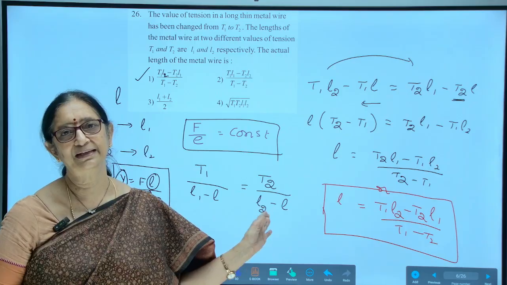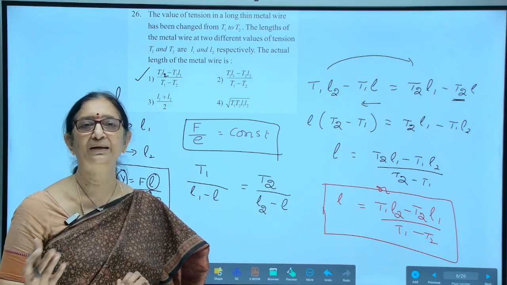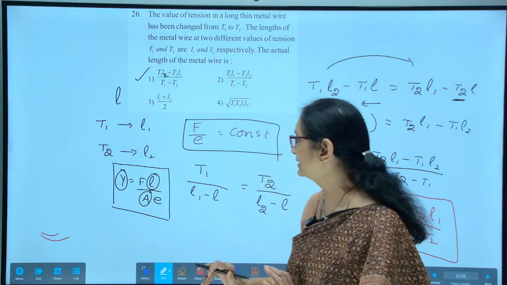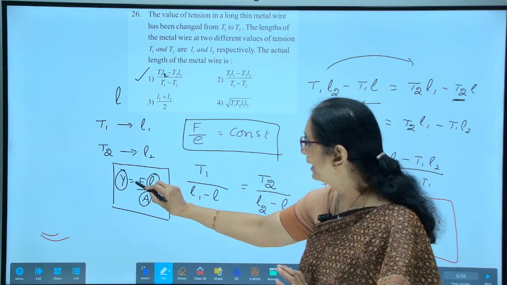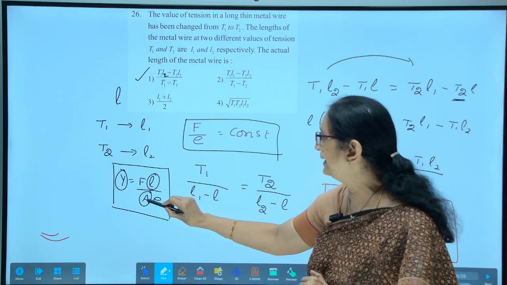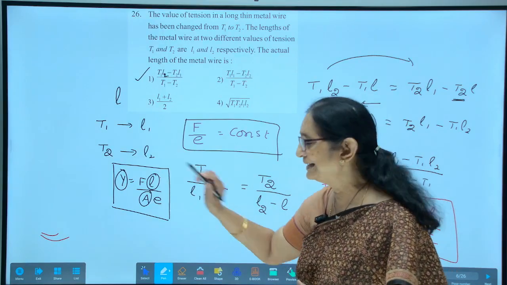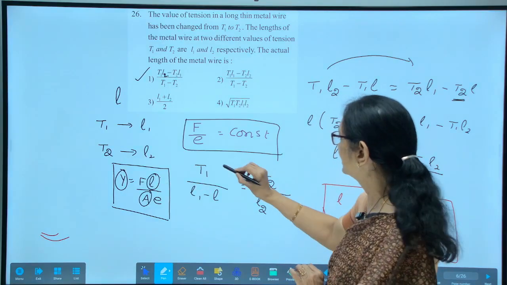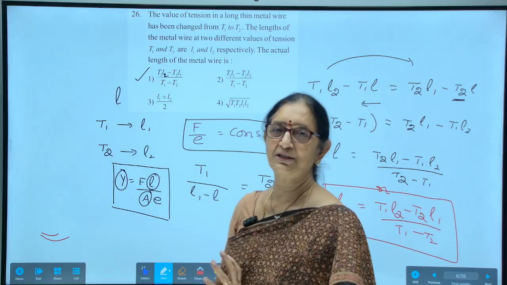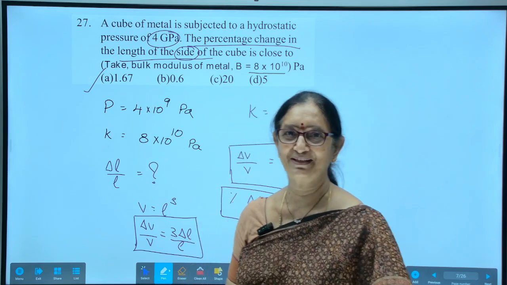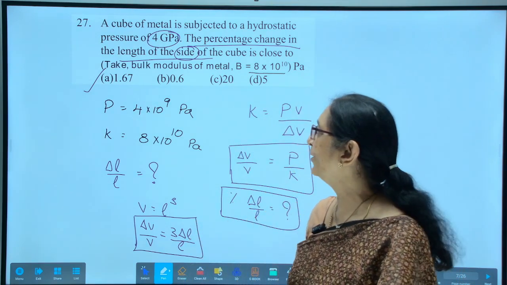So the natural length of the wire is T1 L2 minus T2 L1 by T1 minus T2, because from the expression Y is FL by AE, as the same wire is taken, L and A are kept constant. Y is also constant. So F by E should remain constant. So T1 by L1 minus L must be equal to T2 by L2 minus L. That is the main concept. Okay. Now move on to the next.